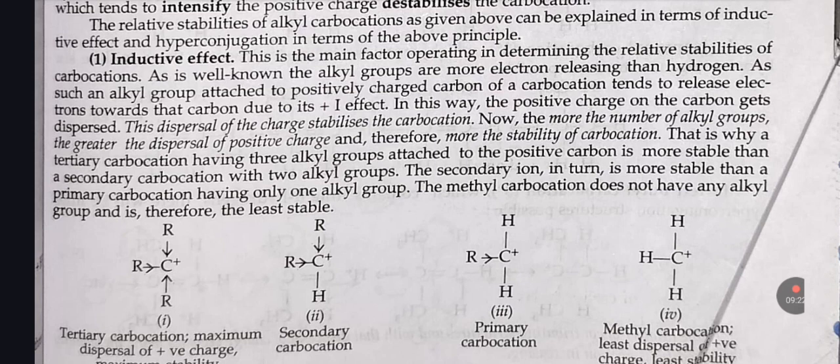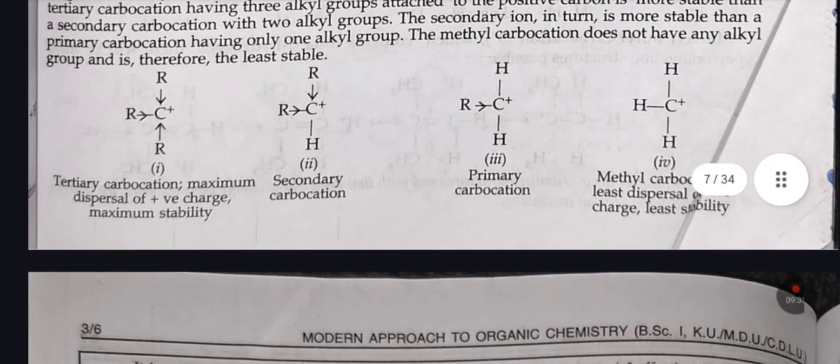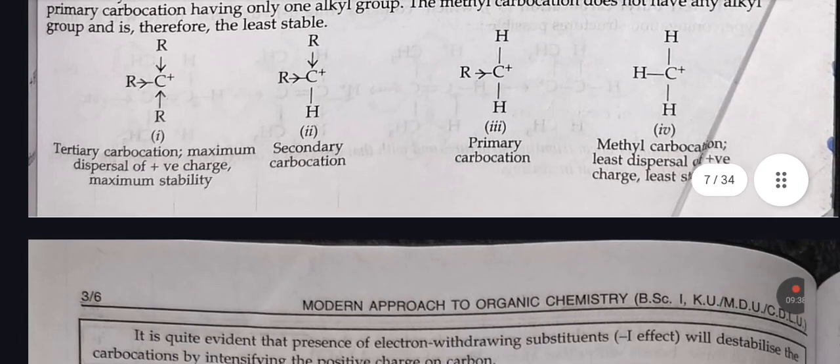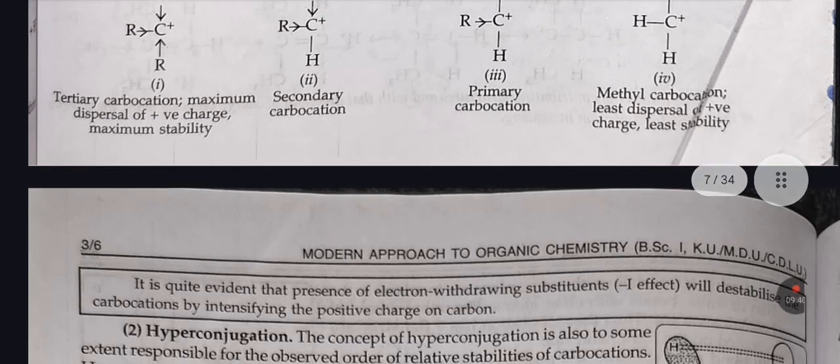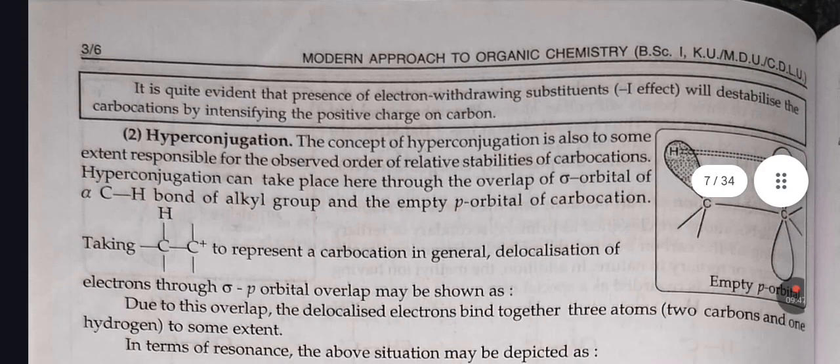The methyl carbocation does not have any alkyl group and is therefore the least stable. Tertiary carbocation, then secondary, then primary, then methyl carbocation, which has the least dispersal of positive charge, so least stable. It is quite evident that the presence of an electron withdrawing substituent, that is minus I, will destabilize the carbocation by intensifying the positive charge on carbon.